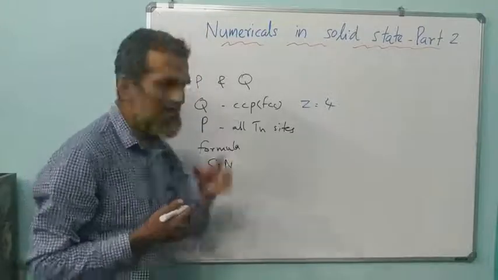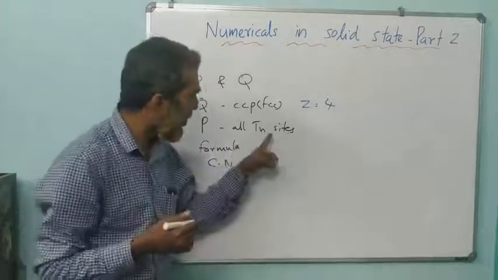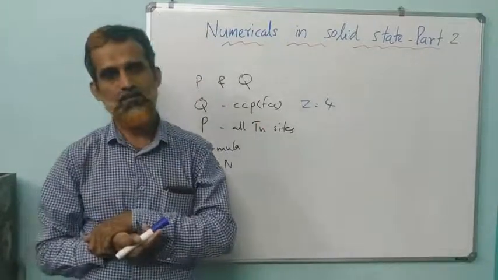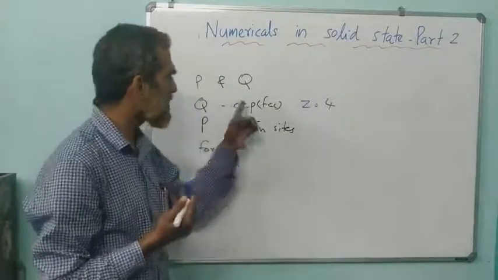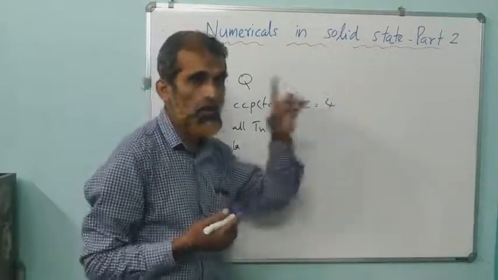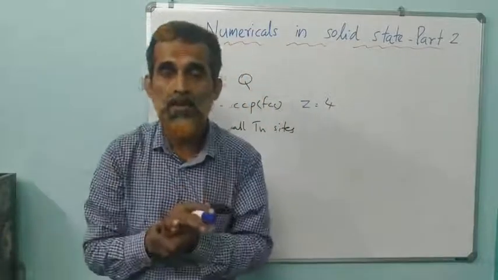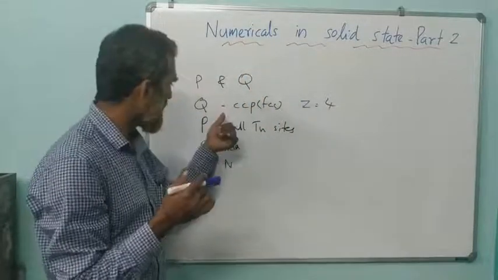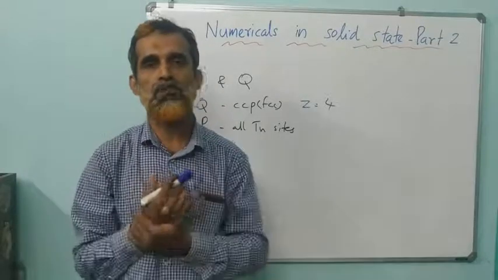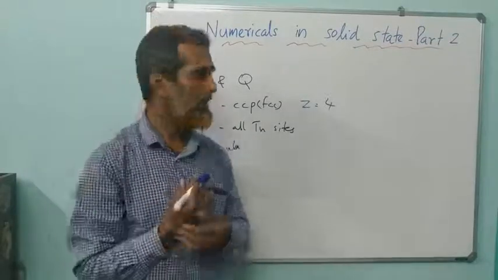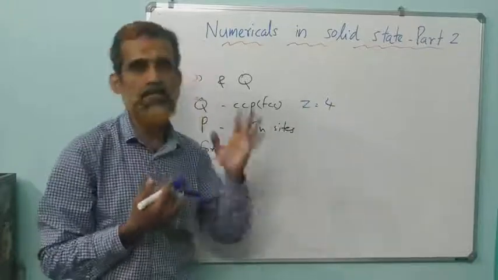And what about P atoms? In all tetrahedral sites. So how many P atoms? We know that if there are 4 effective number of particles in unit cell, in CCP or FCC arrangement, number of tetrahedral void is double the number of particles. That means if it is 4, there will be 8 tetrahedral voids.